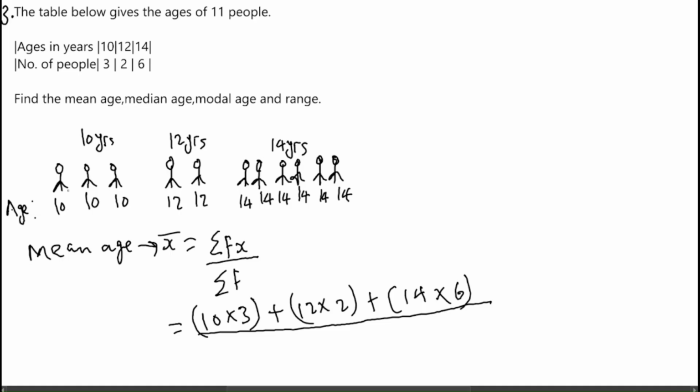For example, for the 10 years, the frequency is 3. For the 12 years, the frequency is 2. And for the 14 years old, the frequency is 6. So 3 plus 2 is 5, plus 6 is 11, which is still the same thing as counting. So obviously n is equal to summation of f. That is, it is going to be divided by 11.